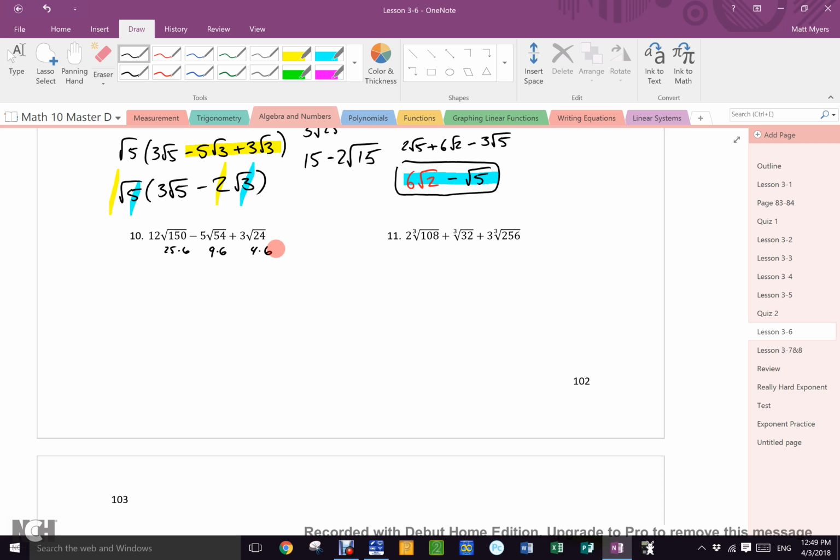And what do you do with anything that's stuck together in this math? Well, when we bring out the 5, we multiply them. What do you do with what's left under there? Because you left a 2 and a 3 under there, right? What is 2 and 3? 2 times 3. That's what stays under there. So it'll be 60 root 6. Wait, but that's smaller than 12 and 150.